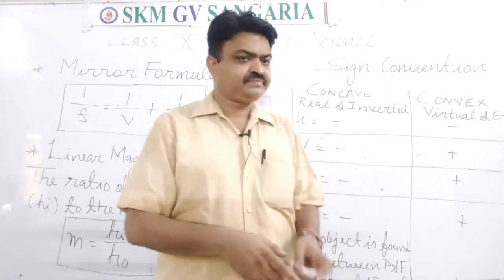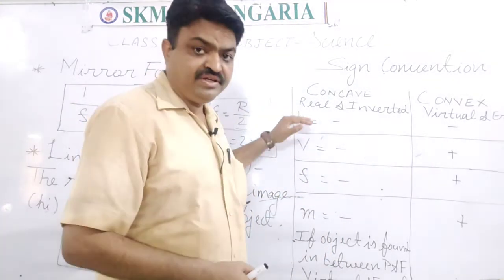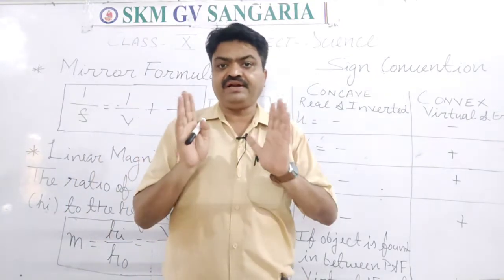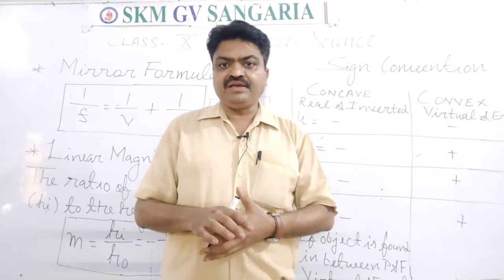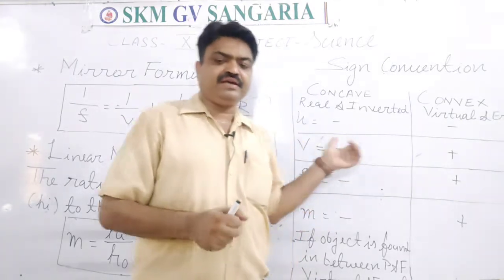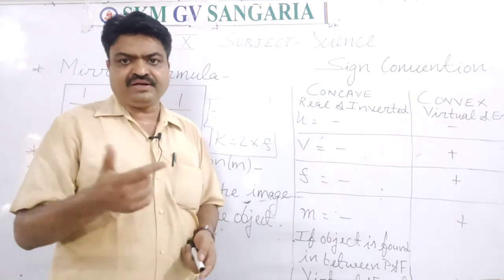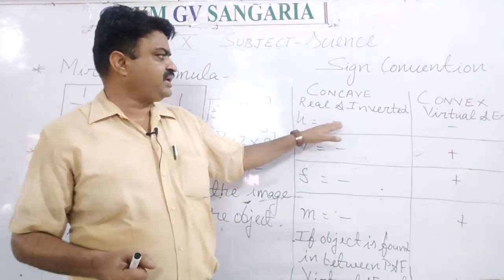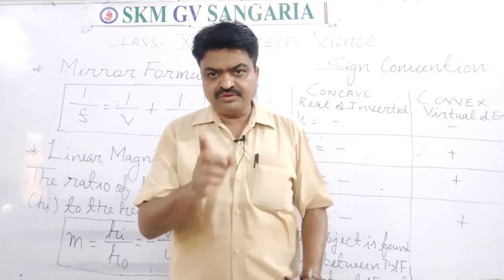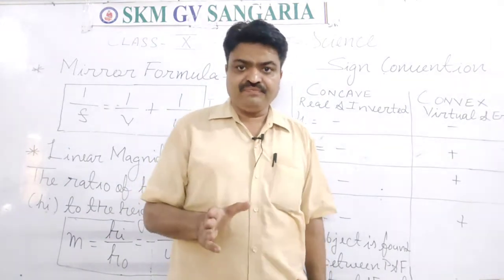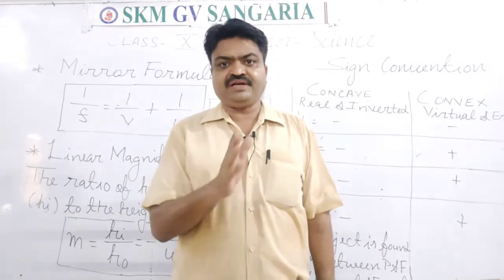That's why the sign convention of the object distance is always negative. And when you write the given quantities, you will use this sign to solve the numerical. Which sign will you use in both cases, concave and convex? Negative sign, because the object is found at which side, student? At the incident ray side.